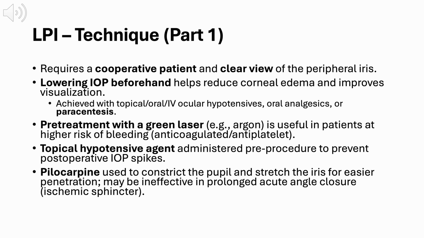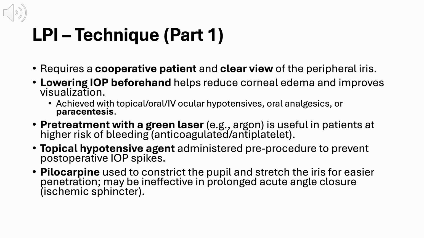For the iridotomy itself, the first requirement is a patient who can cooperate and maintain steady fixation so you can get a clear view of the peripheral iris. A second key step is lowering the intraocular pressure beforehand. Bringing the pressure down improves corneal clarity, reduces stromal edema, and gives you a much better view for targeting the iris.